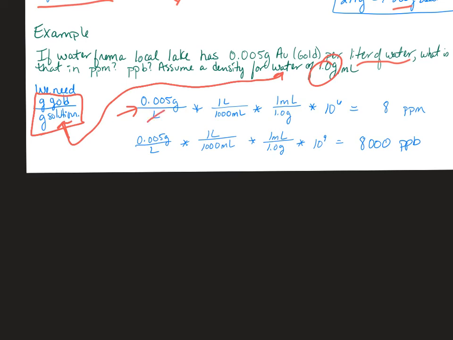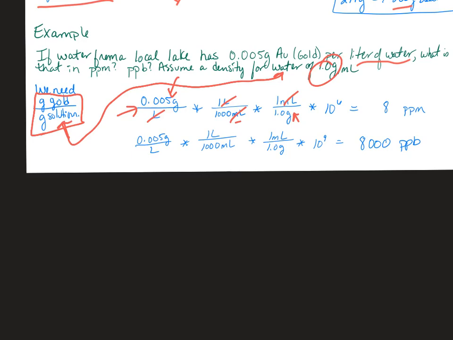Well, switch the liters for milliliters, and we can use the density of water to cancel that out and give us grams of water. Again, the only reason why we can do this is because we have a tiny, tiny amount of that. So if we were to add that to the mass of the entire liter of water, it would be insignificant. And that's the reason why we don't have to worry about it.